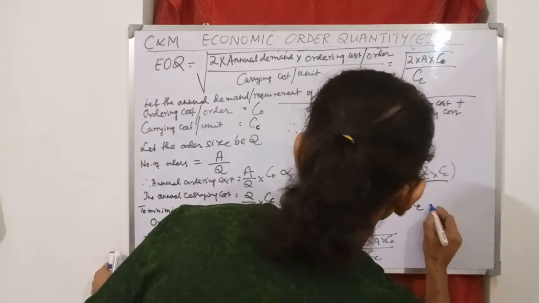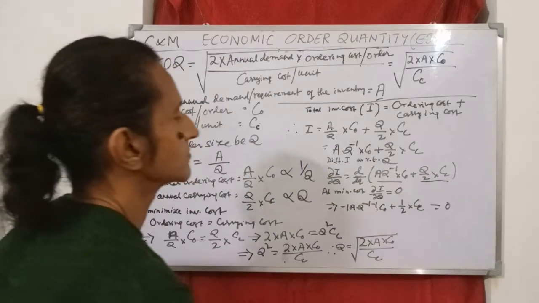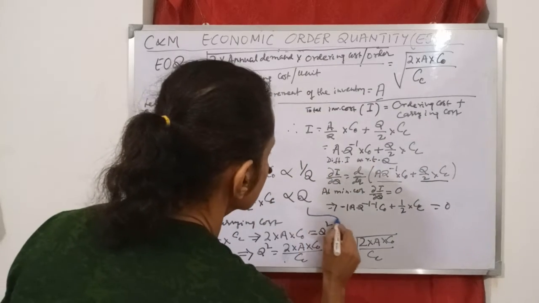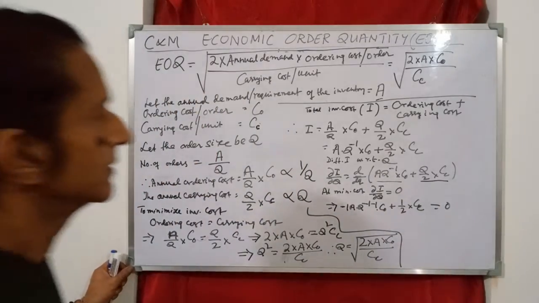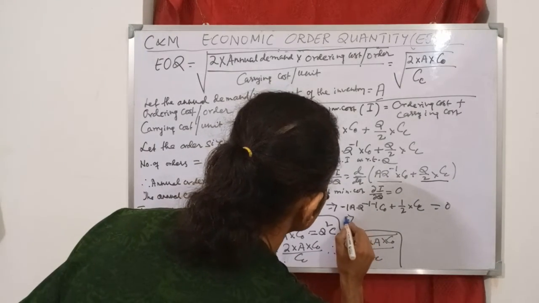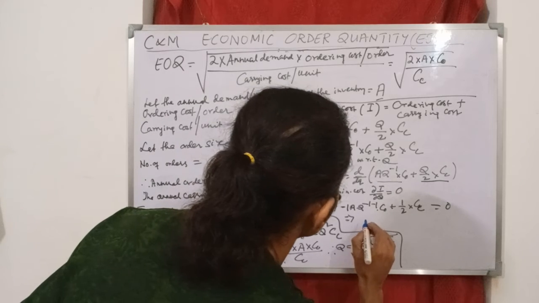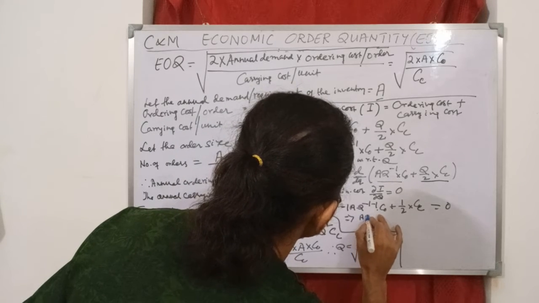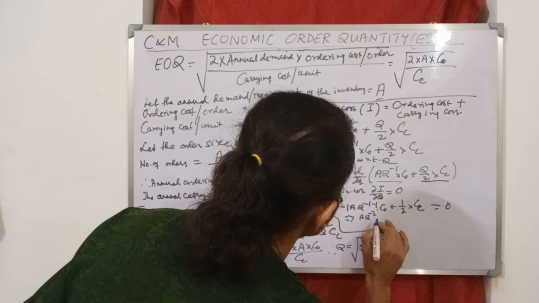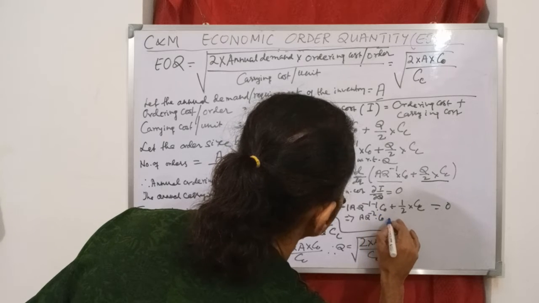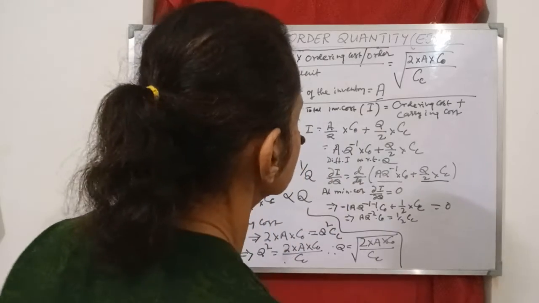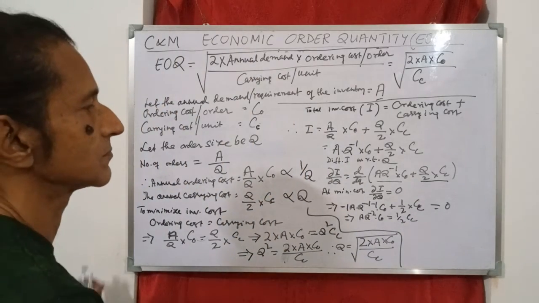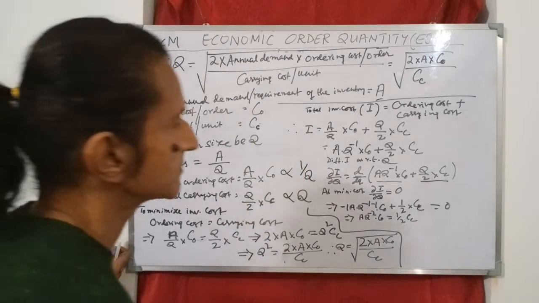Now this will be equal to 0. This means A Q to the power minus 2 into C sub O is equal to half C sub C. Right?